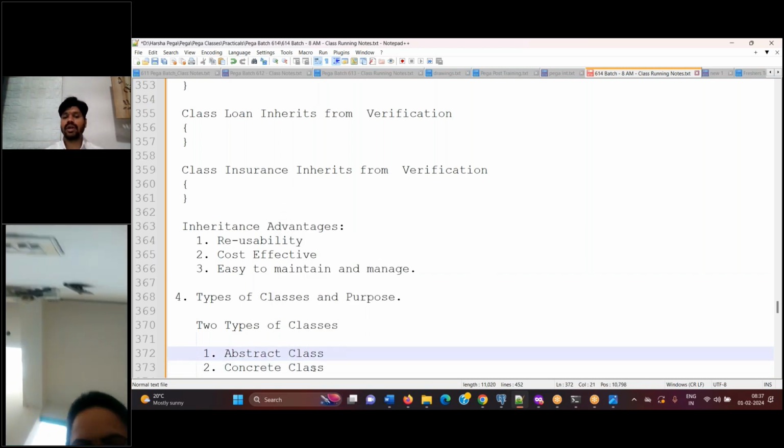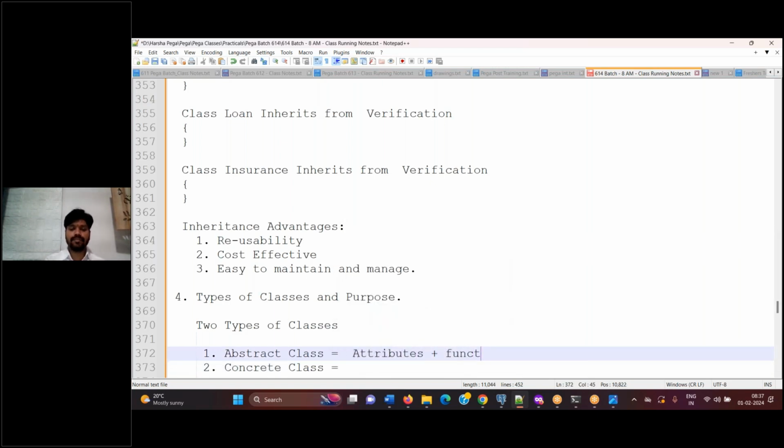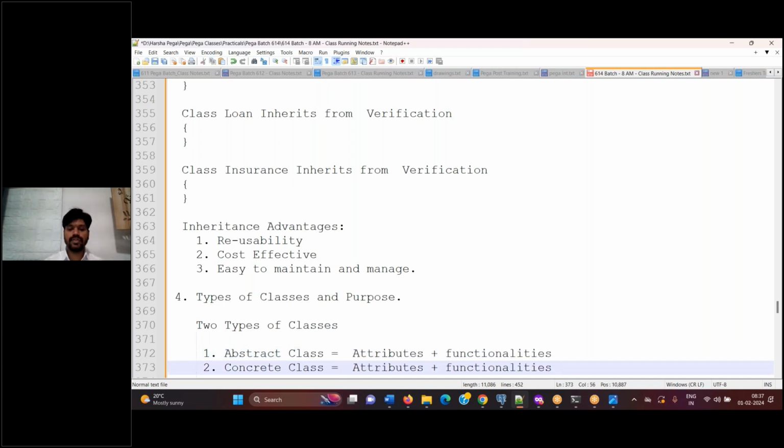What remains? Class. What does a class contain? Attributes plus functional components. That means whether it is abstract type or concrete type, no matter, it contains attributes plus functional components. Here also both will be there. Then what is the difference between these types of class? Let me tell you.